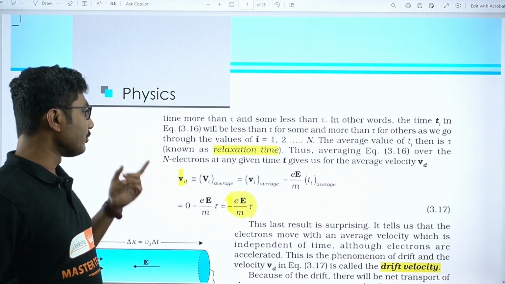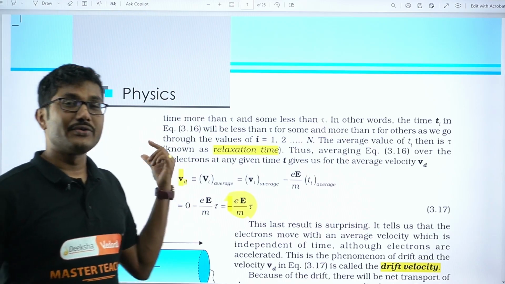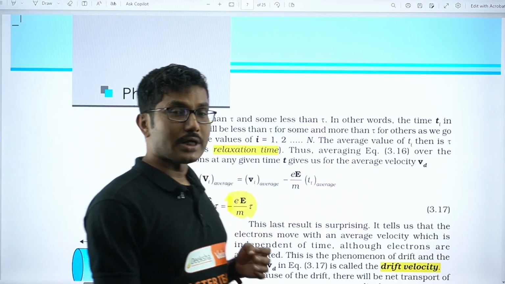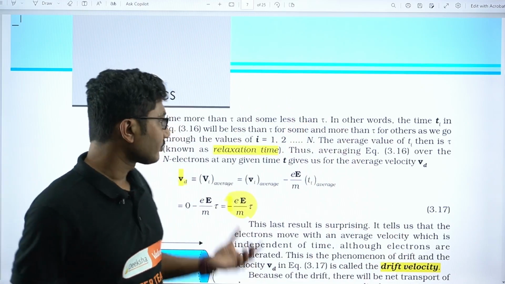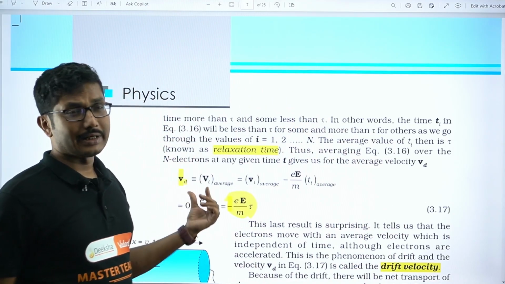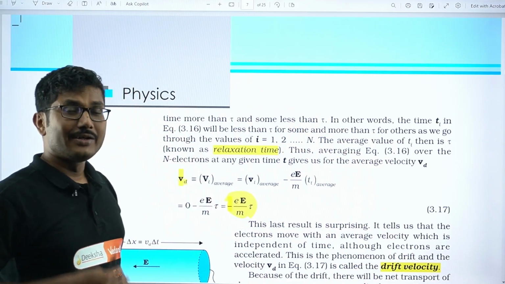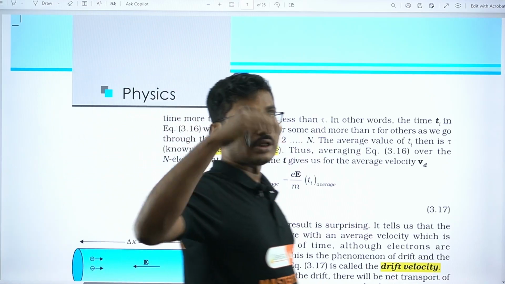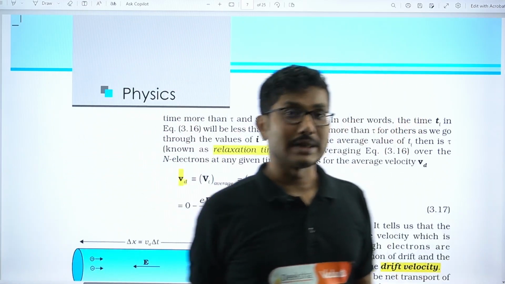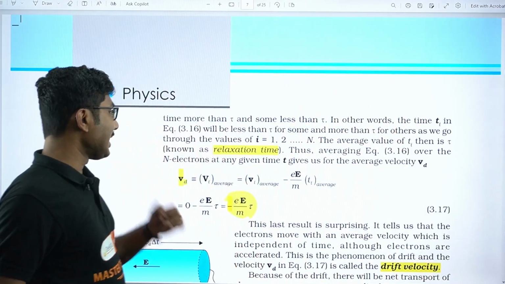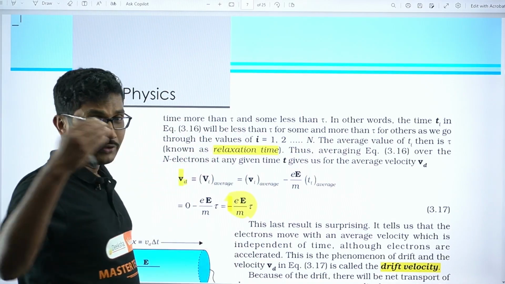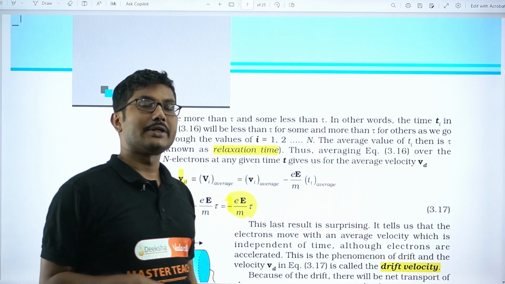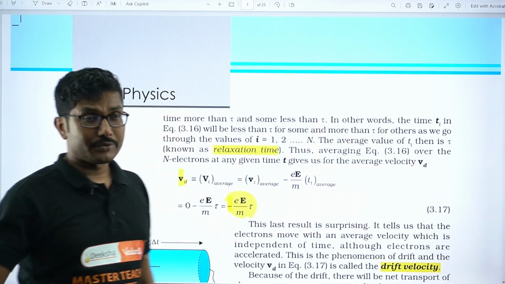It is important to know that there is a quantity called drift velocity, which occurs only when an external electric field is present. In the presence of an external electric field, the electrons start drifting from one side of the conductor to the other. We know that negative charges move opposite to the electric field, and positive charges move in the direction of the electric field.